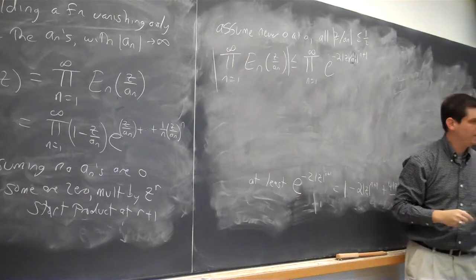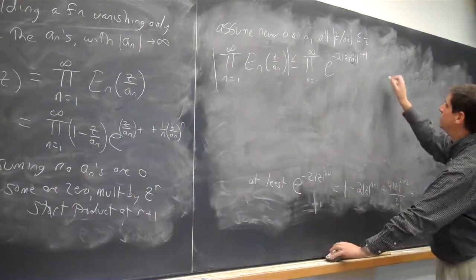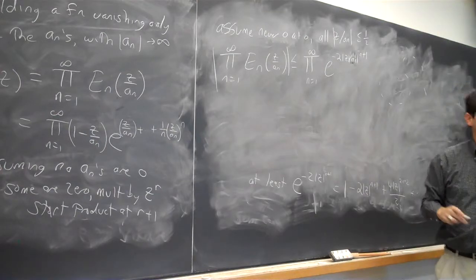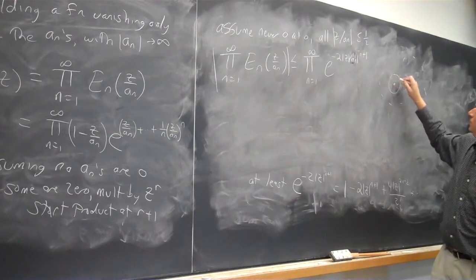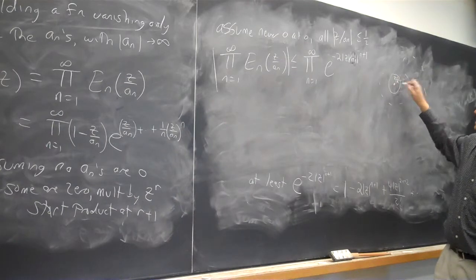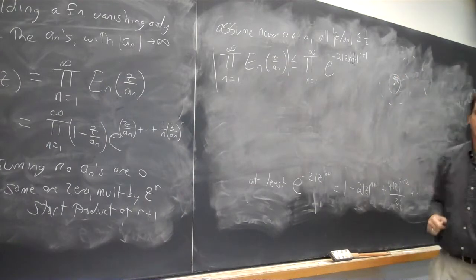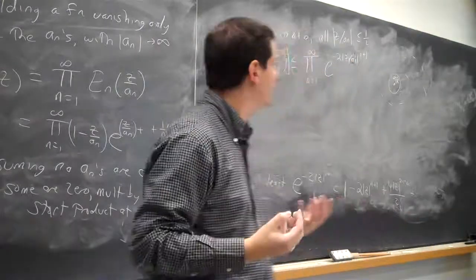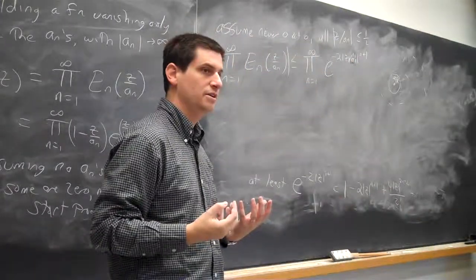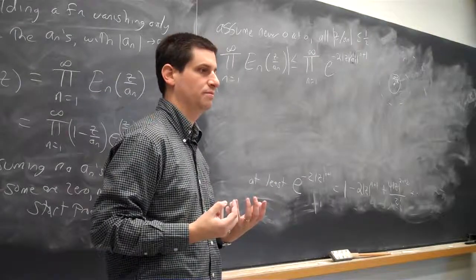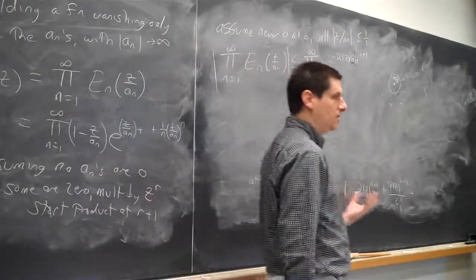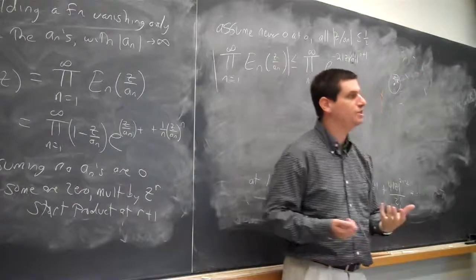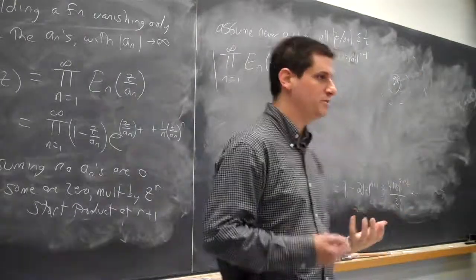So what does it mean for z over an to be less than 1/2? Well, my sequence an is going off to infinity. I take some ball and say z lives inside a circle of radius r. Eventually, since the an are going off to infinity, z over an is going to be at most 1/2 in absolute value.